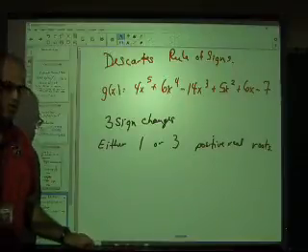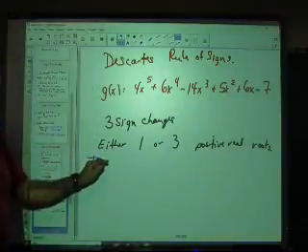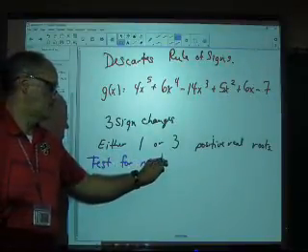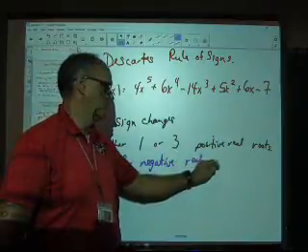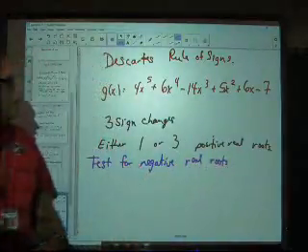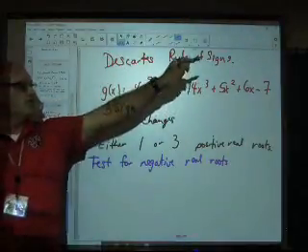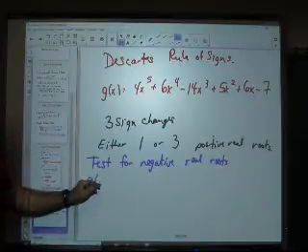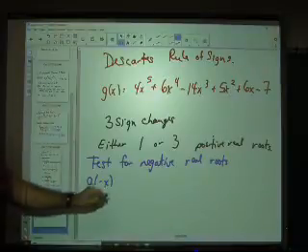And here's how that works. I will replace all the x's in this function with a negative x. In fact, I would make a substitution, g of negative x, and then I want to simplify that and see what happens.